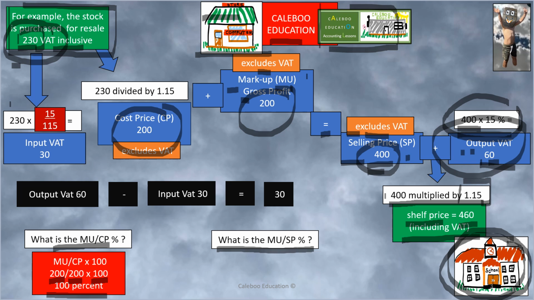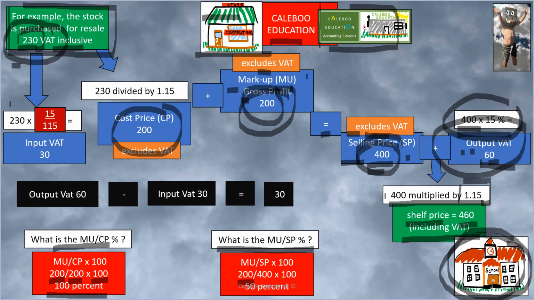We can calculate the markup on the selling price. Remember, I'm using excluding VAT figures. So you saw the markup was 200, divided by the selling price, excluding VAT, multiplied by 100 is equal to 50%.